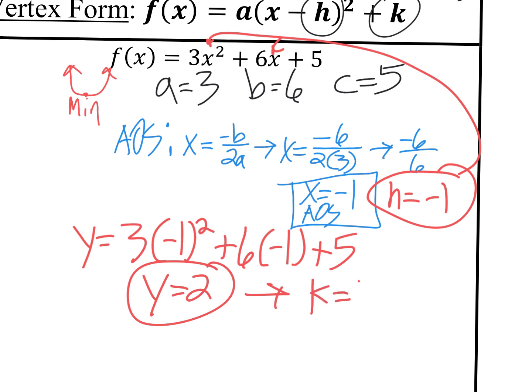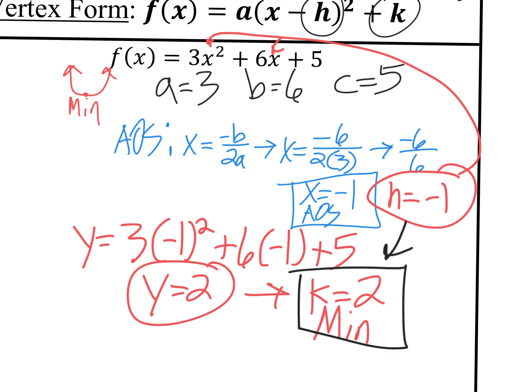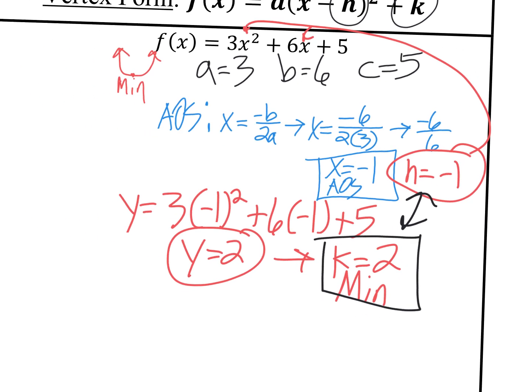Our k value is 2, and as I mentioned earlier, that's a minimum value. So we know that h is negative 1 and k is positive 2. That means we have a vertex at negative 1, positive 2.